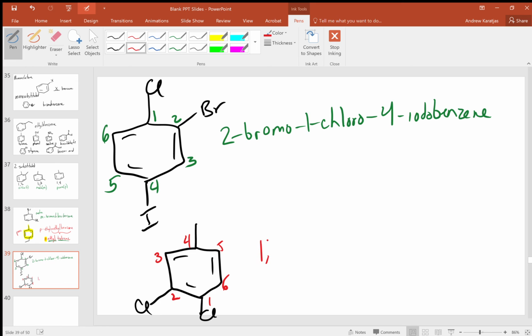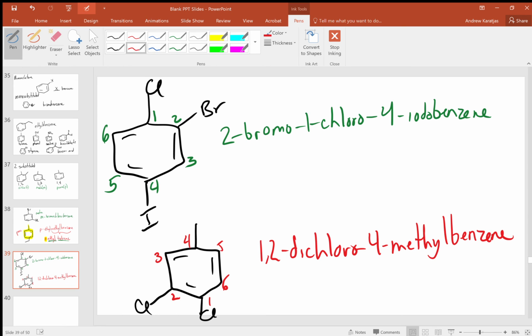And that would give us 1,2-dichloro, 4-methyl-benzene. But again, we learned previously methylbenzene is toluene. So can we use that here as well? We can.